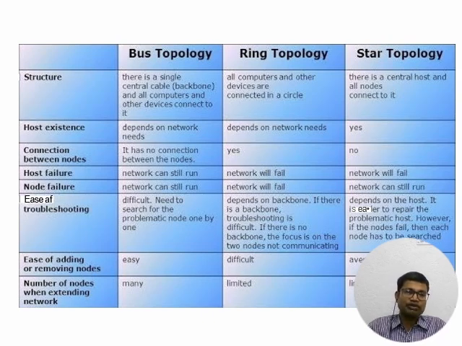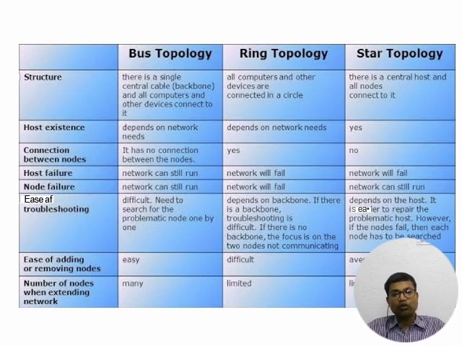In the bus topology, the structure is very simple. In ring topologies, the computers and other devices are connected in a circle. I have already shown you the diagram of how ring topology looks. In star topology, as I told you, there is a hub or switch at the center, and a few other nodes are connected to it. So there is a central host and nodes connected to it.